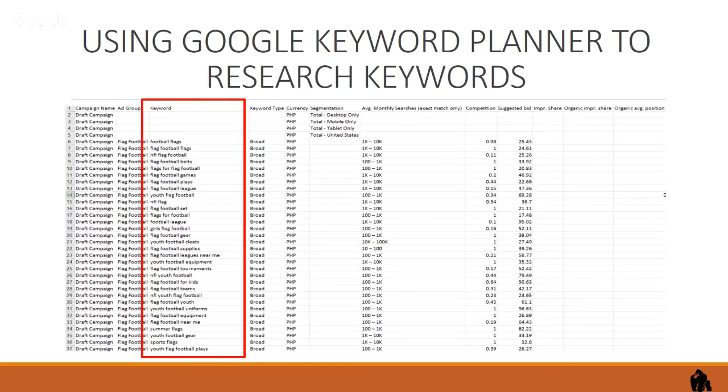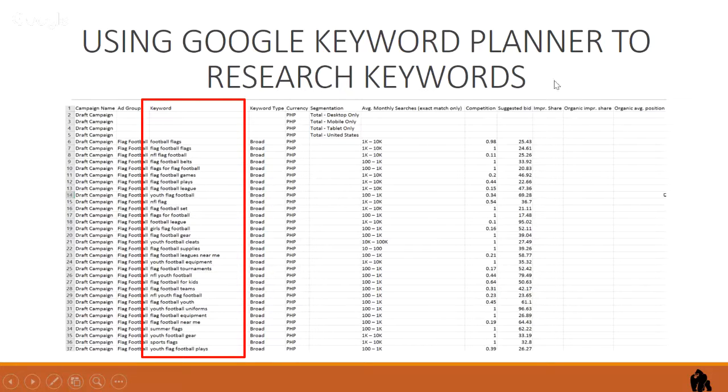That's exactly what I'm after, as opposed to flag football set. As a buyer, you need more information to make up your mind whether that's worth opening or not. So this is what we need to do. That's research, and we need to do the research correctly, and then you need to craft your title. It doesn't mean you're going to get it right first time. You can keep working on it.